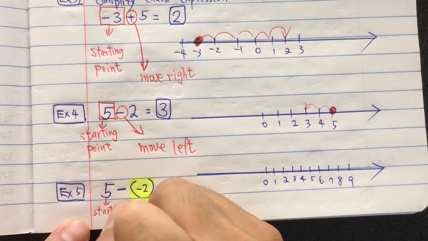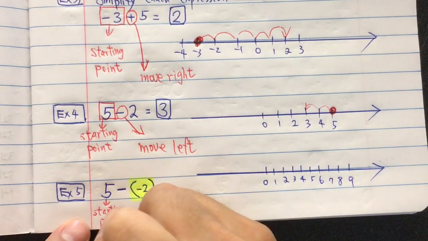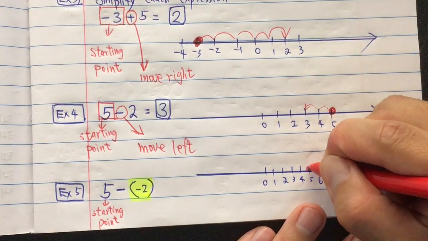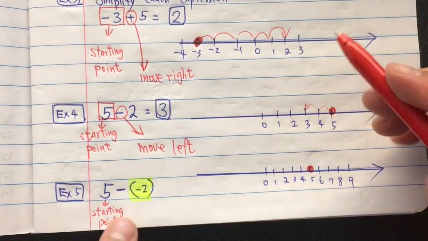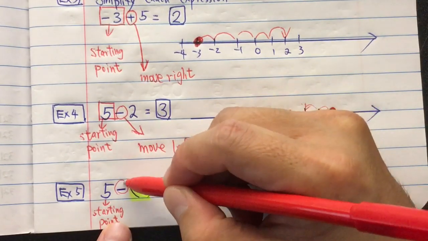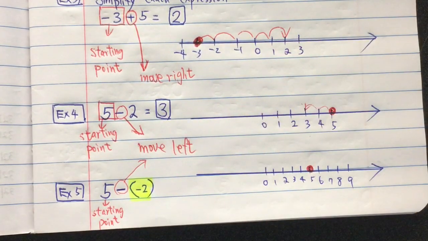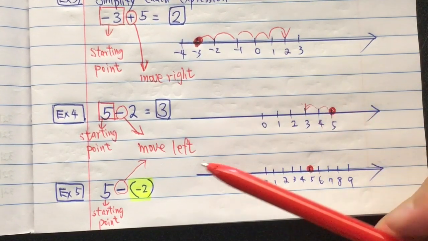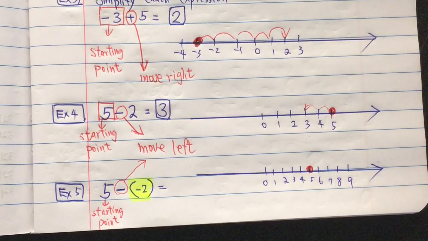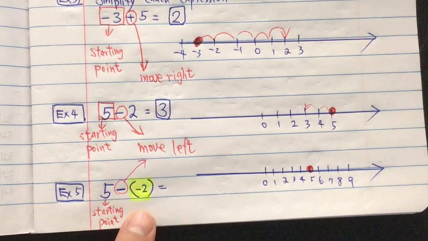Now, minus still means move left. But do you think the answer will be 3? No. Why not? Because now I notice here.